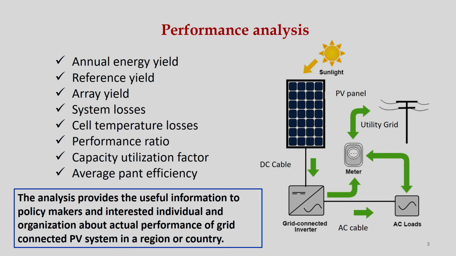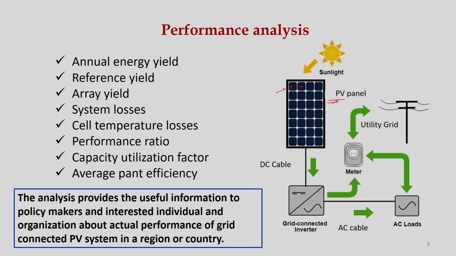Okay? Now, look into this grid connected PV system layout. Here we have solar PV panels. These are the modules; many modules connected form a panel, and if we connect many panels then it becomes an array.